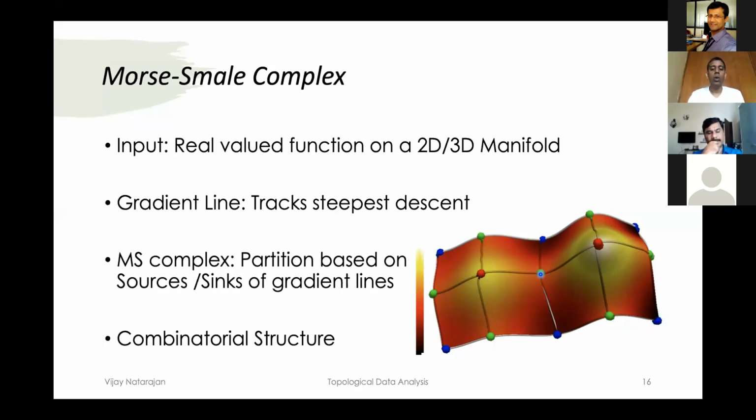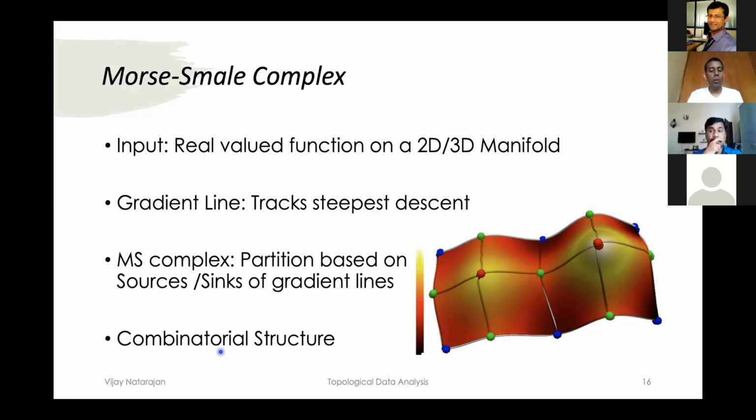So these are the two-dimensional cells of the Morse-Smale complex. And of course, their boundaries are one-dimensional cells that again connect critical points, right? So this graph-like representation of the partition is called the combinatorial structure of the Morse-Smale complex.